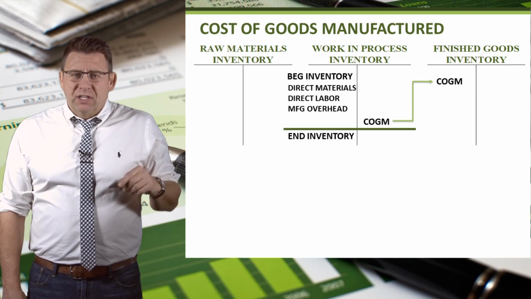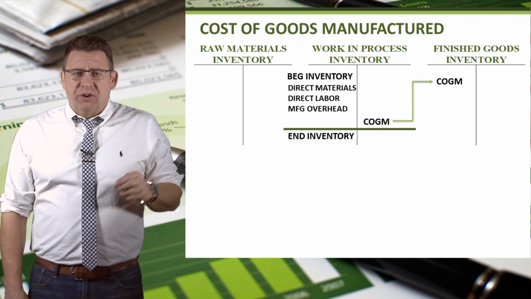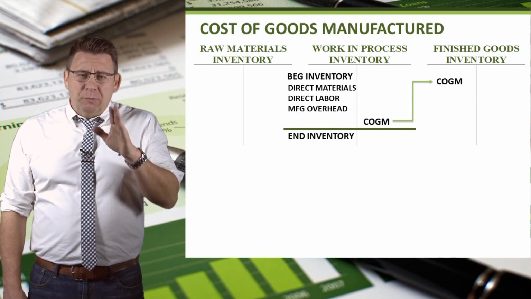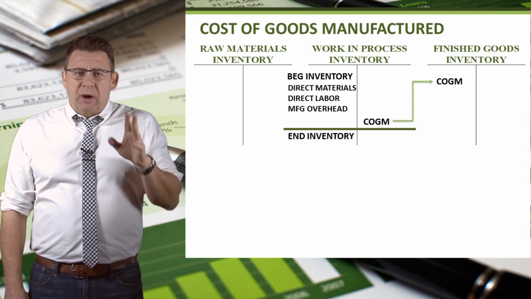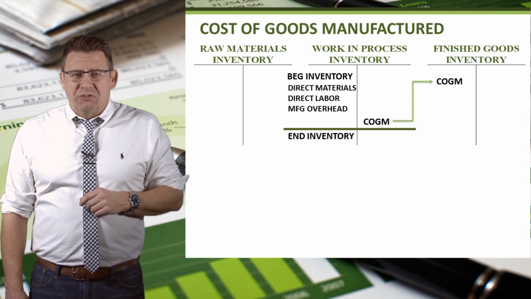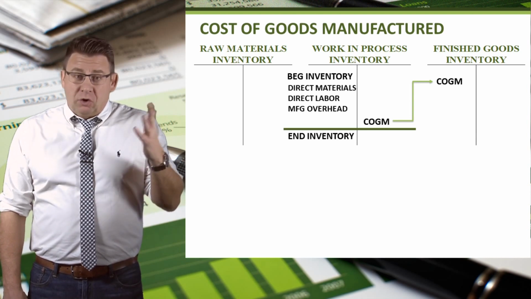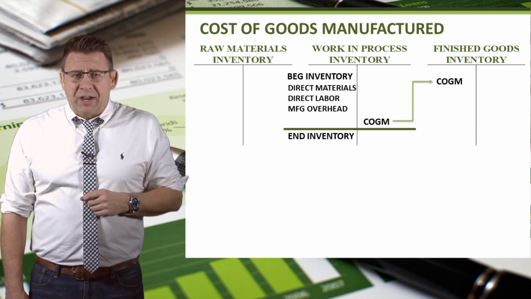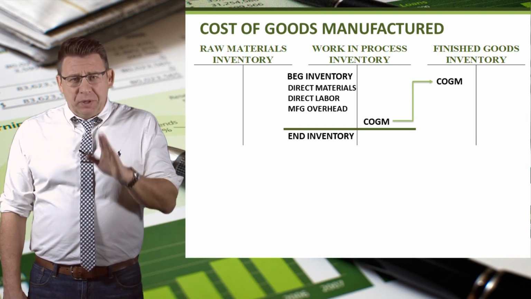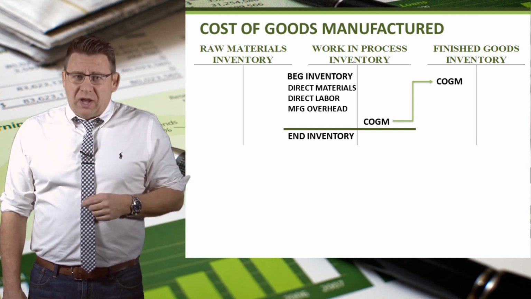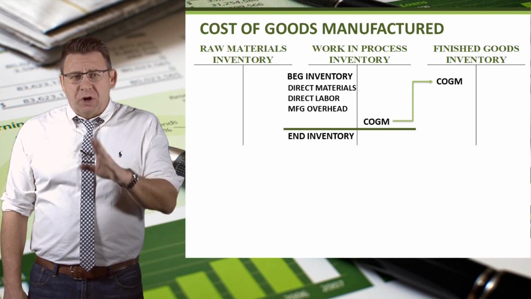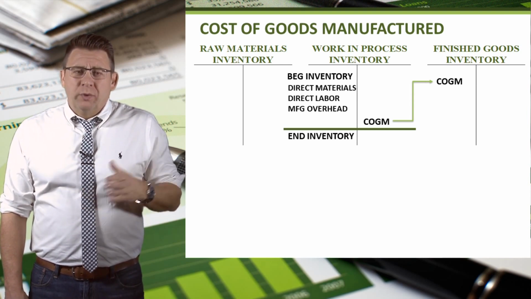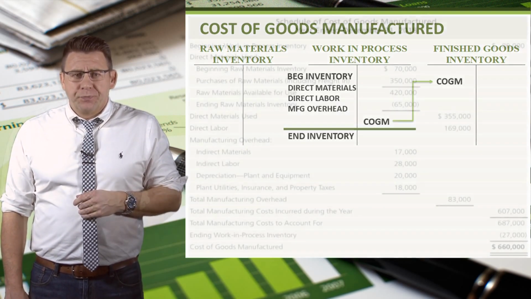Direct materials, direct labor, and manufacturing overhead is added to beginning inventory. These items together represent everything we can manufacture for the period. There are only two things we can do with our manufacturing costs. We can complete products, which we call the cost of goods manufactured, or we can still have them as partially completed products, which we call ending inventory.